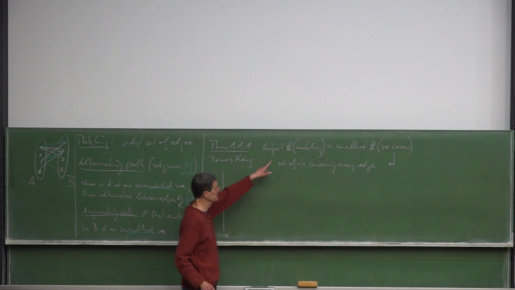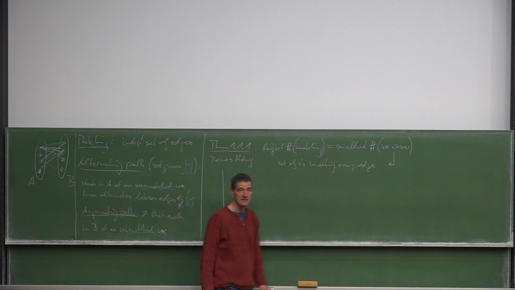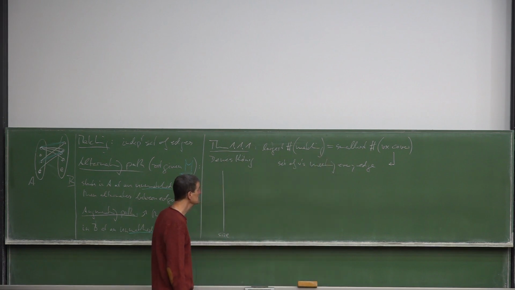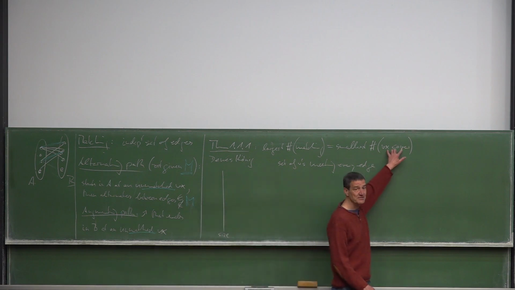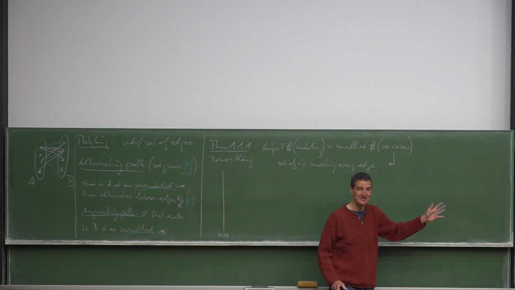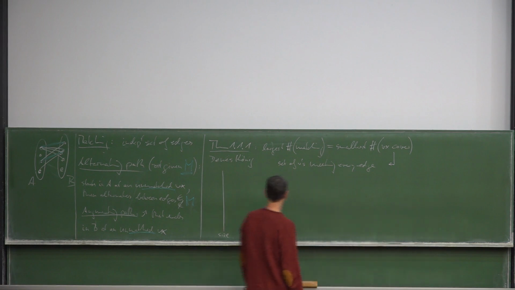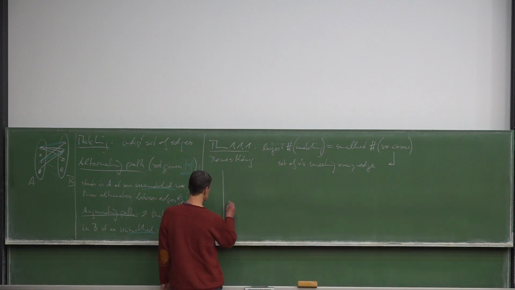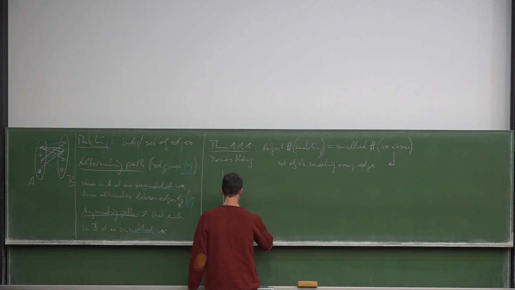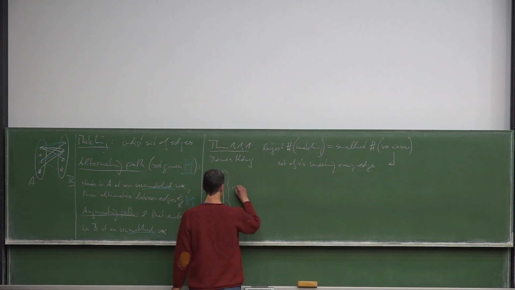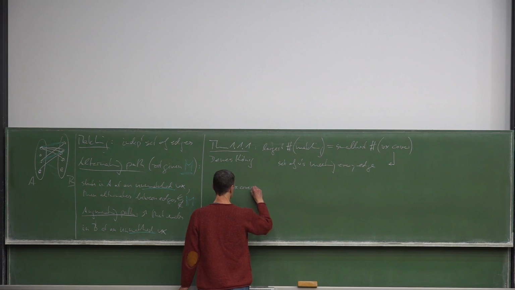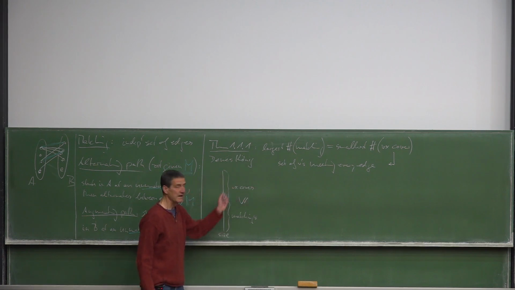Let's look at these sizes of matchings and of vertex covers. So a vertex cover is a cover by vertices of edges, right? If we look at the sizes of matchings in our given graph, and we look at the sizes of vertex covers, then we have this obvious inequality, right?